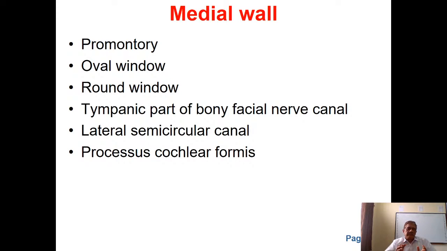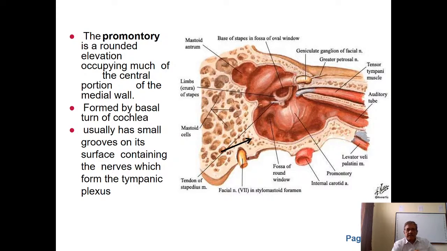The promontory is nothing but the basal turn of the cochlea, the bulge produced by the basal turn of the cochlea. Second, just behind that, let me see if I can show you that. Yeah, this is how it is. That is the promontory, and just above and posteriorly, there is a depression which is called the oval window, and this oval window is covered by the footplate of the stapes.